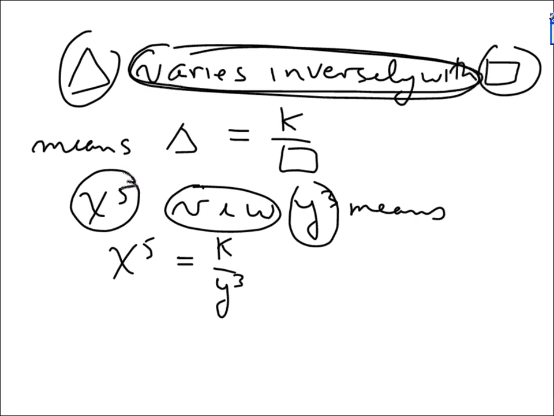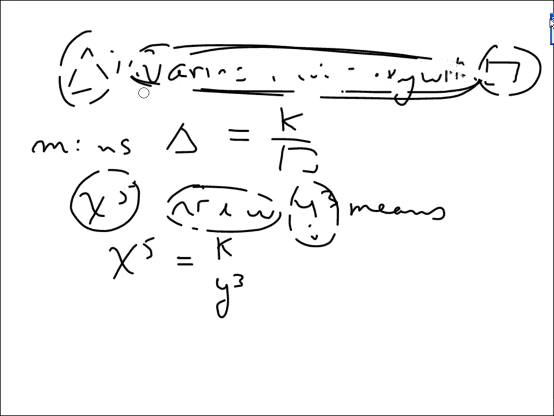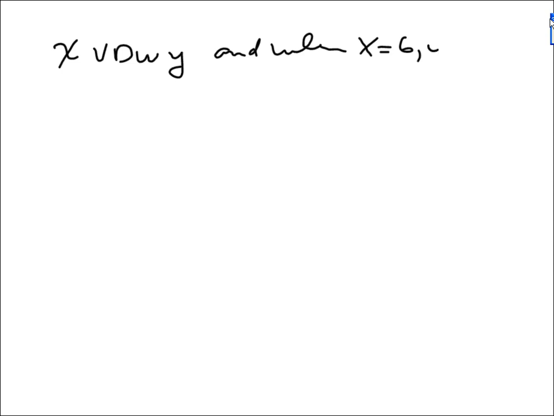Okay, now that we looked at the definition, we're in a position to do some real problems. Suppose you're told x varies directly with y, and when x is 6, it turns out y is 2.